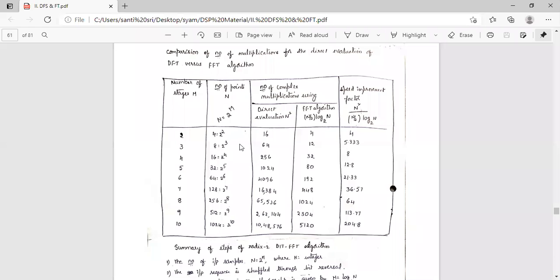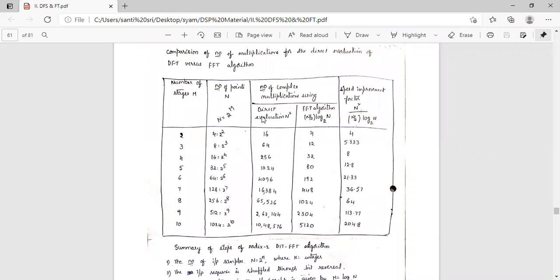Now we will take the number of complex multiplications using direct evaluation and the FFT algorithm. In direct evaluation it is N squared. So here N is 4, N squared is 16; then 64, 256, like this. For the FFT algorithm it becomes N by 2 log N to the base 2.